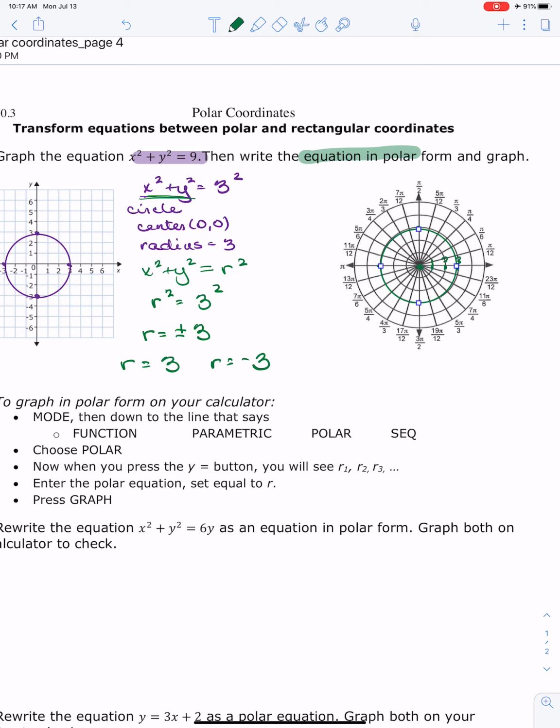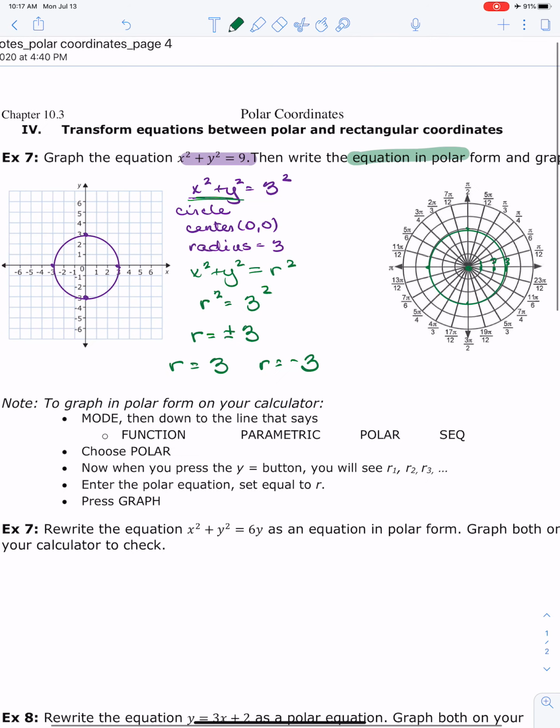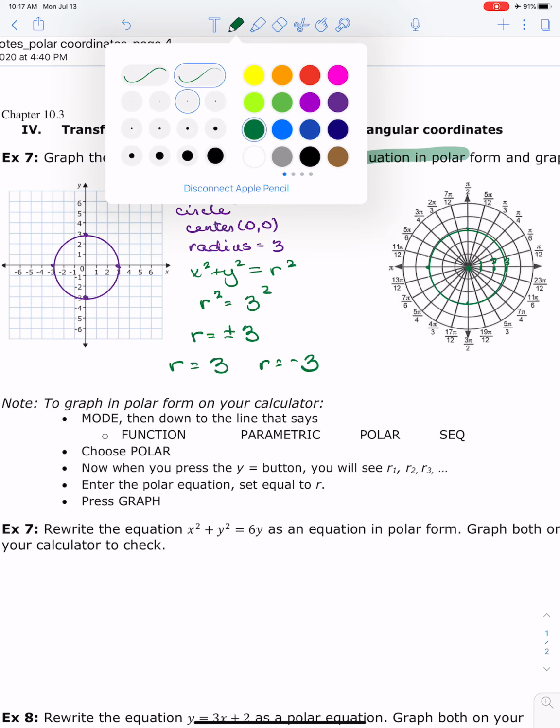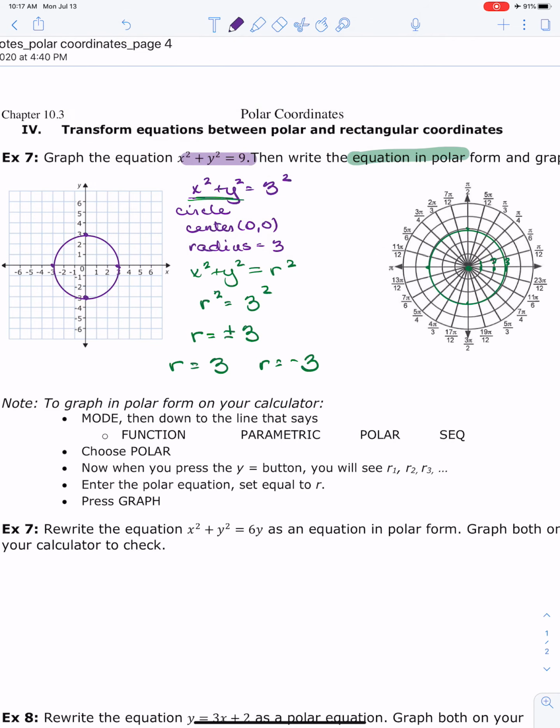Pulled it off a little, otherwise it sits right on the line and you can't see it. So there is the equation r equals 3. Notice that if I were super organized and would have made these graphs consistent with each other, those circles would have been the exact same size. But you can see how we can graph this in either rectangular or polar.